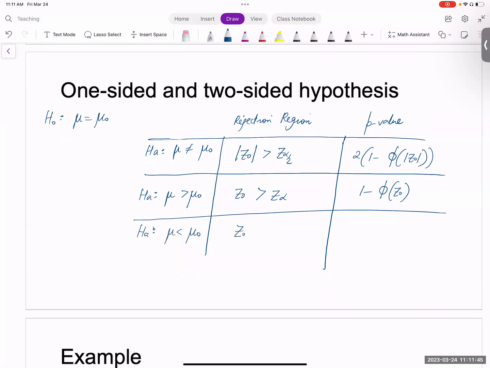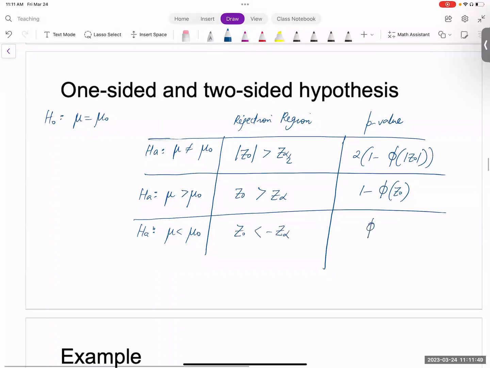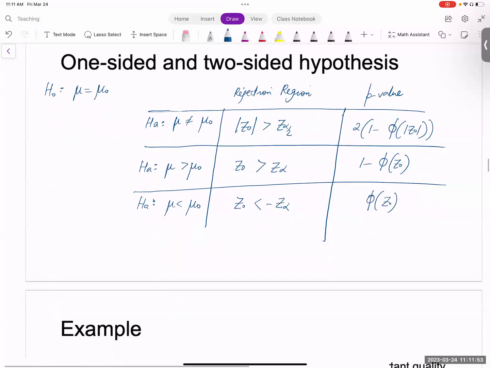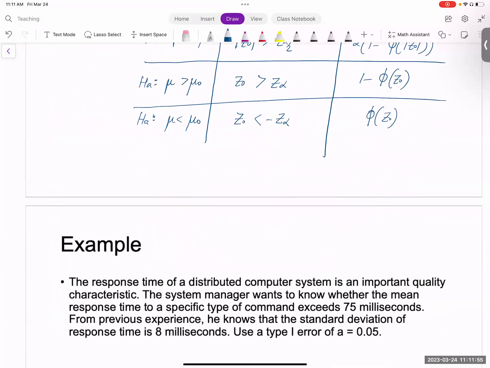In this case, z0 less than negative z alpha is the rejection region, and the p-value is phi of z0. Right, and we already know z0. z0 is equal to x bar minus mu0 divided by sigma over square root of n. And then if the p-value is less than alpha, then you reject the null.